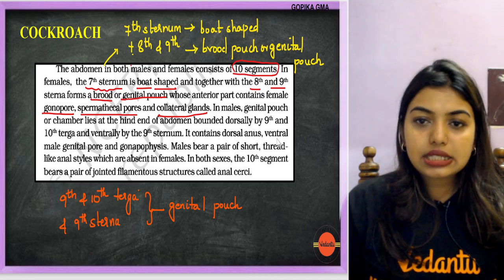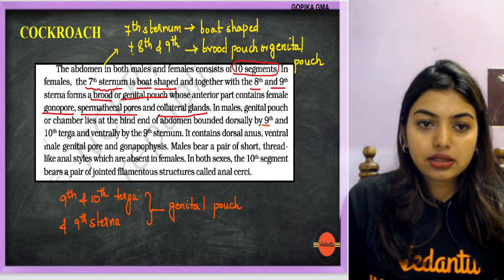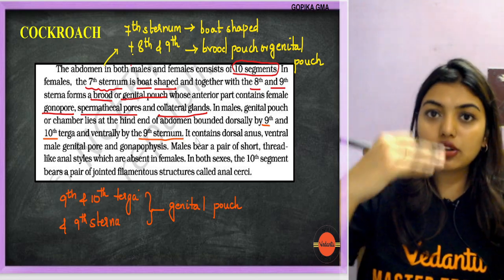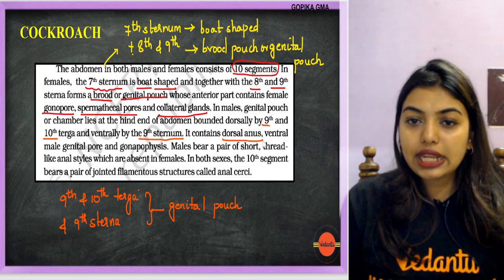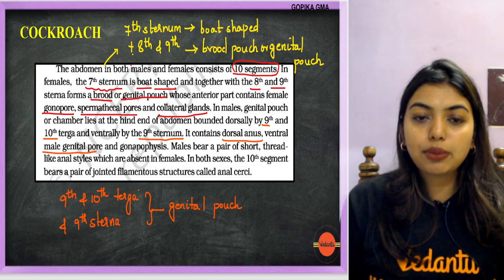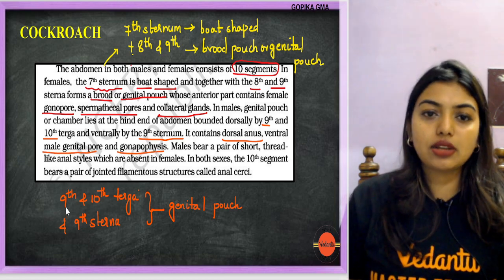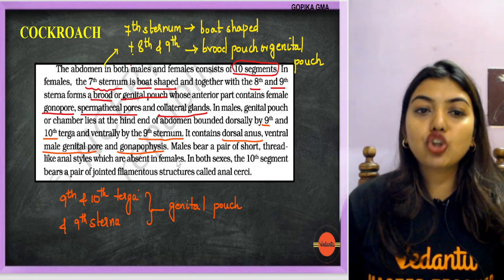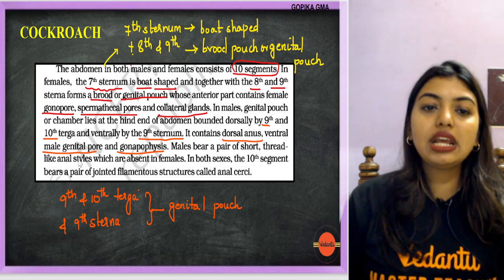Got it? It contains the dorsal anus, the ventral male genital pore, and gonapophysis.